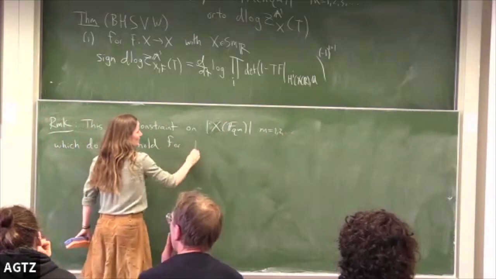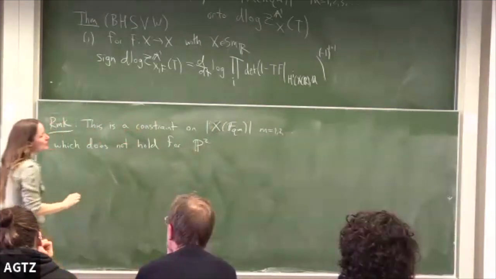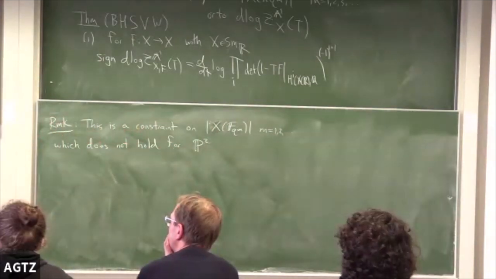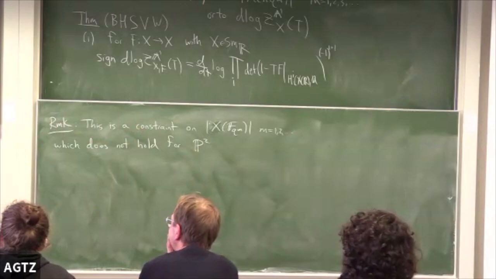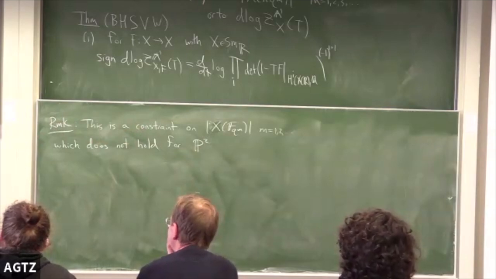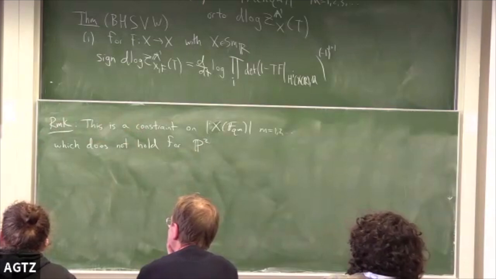Or the Grassmannian 1-3. So you could tell, not that you couldn't already, that P2 has to have a real point just by looking at the number of its solutions over finite fields.